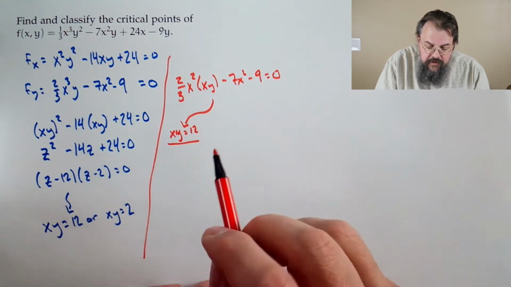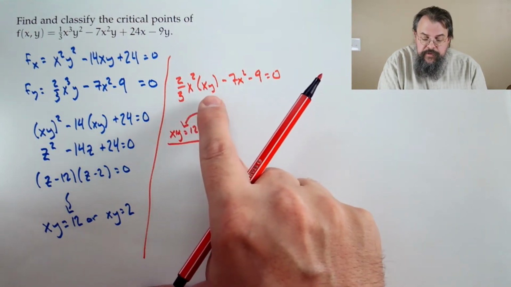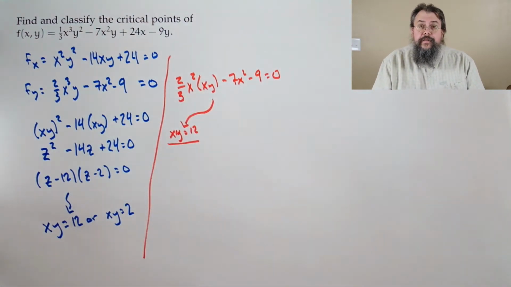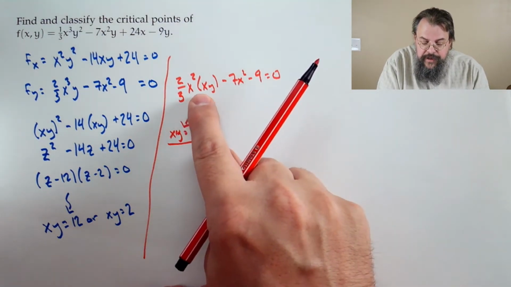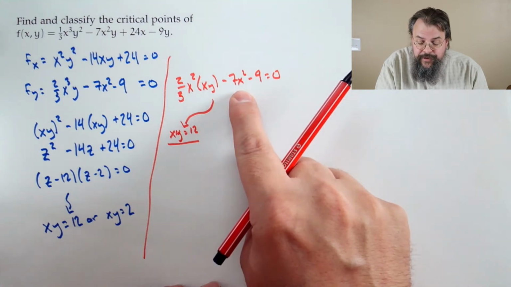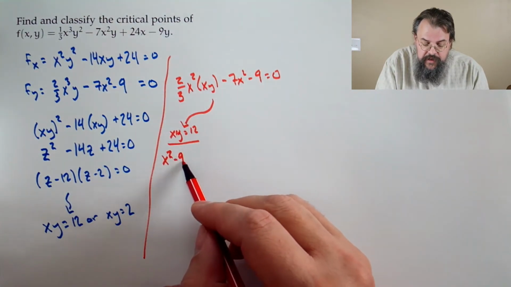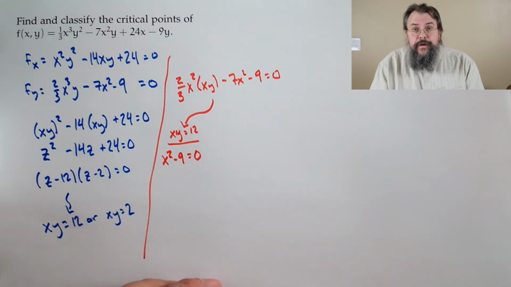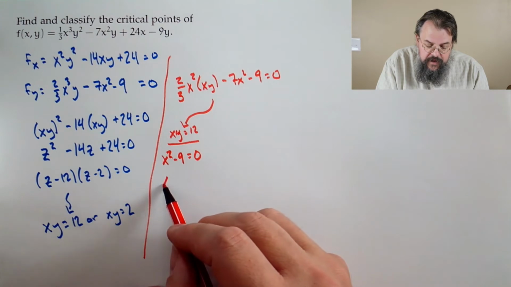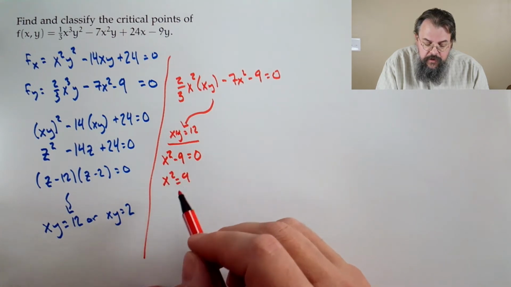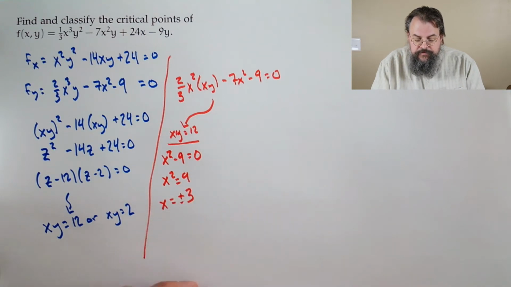Well, in that case, I can replace this part by 12. 2/3 times 12, well, that's 8. So we get 8x squared minus 7x squared, which is x squared minus 9 equals 0. All right, well, that says x squared equals 9, or x equals plus or minus 3.